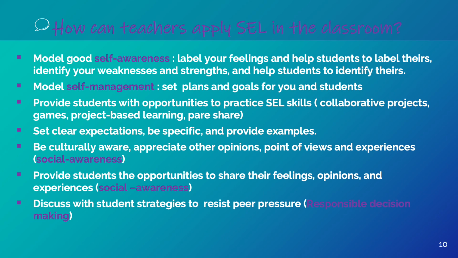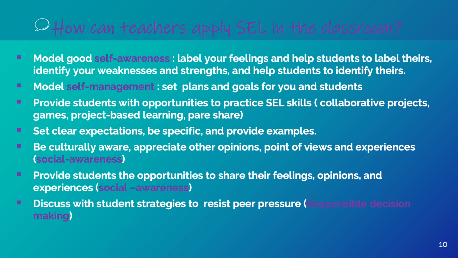How can teachers apply social emotional learning in the classroom? We start by modeling good self-awareness and good self-management. We provide students the opportunity to practice those skills, like pair share, project-based learning, and collaborative projects. We set clear expectations. We explain to kids, this is how it's going to work.